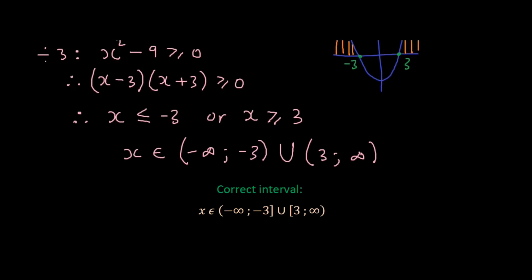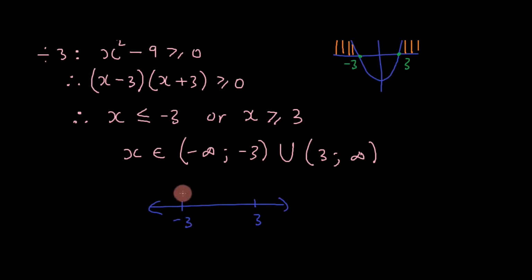And then to illustrate this on a number line, we're going to use a colored in circle or a dot to show that we are including negative and positive 3. And then we're going to have lines going to the right from positive 3 and towards the left from negative 3.